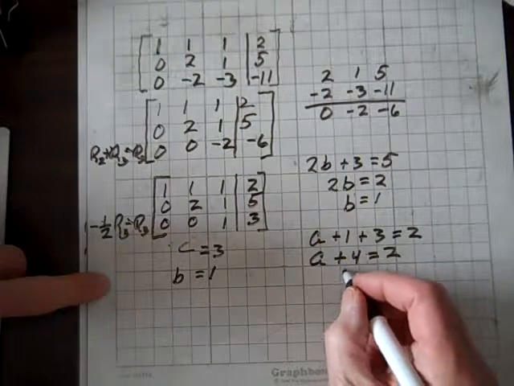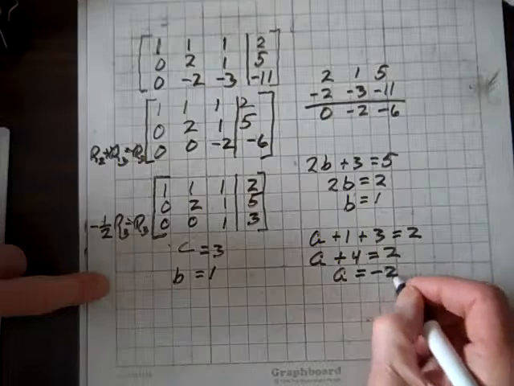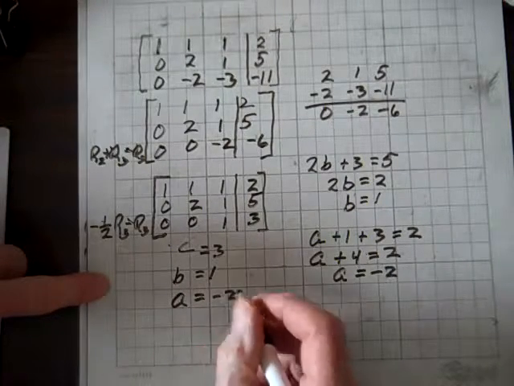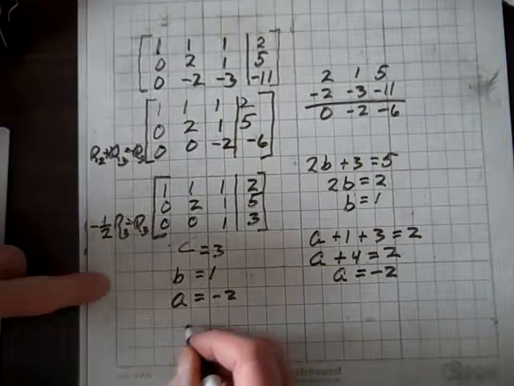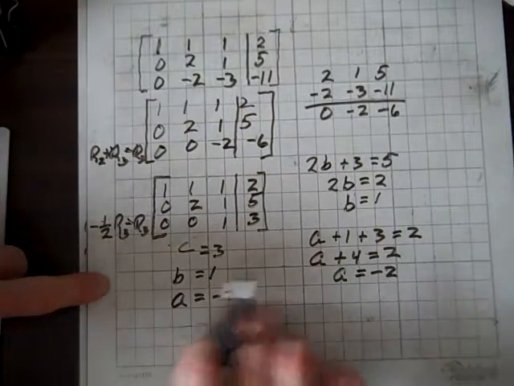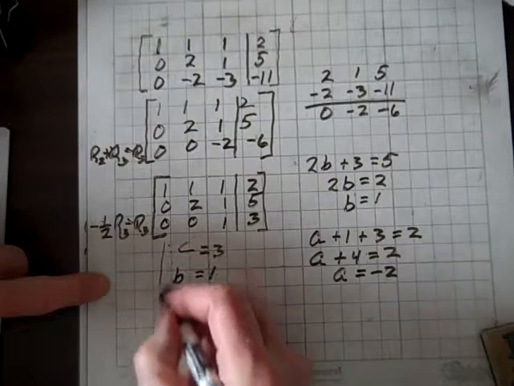So subtracting 4 from both sides, we get a equals minus 2. So our a, b, and c's are: a is negative 2, b is 1, c is 3.